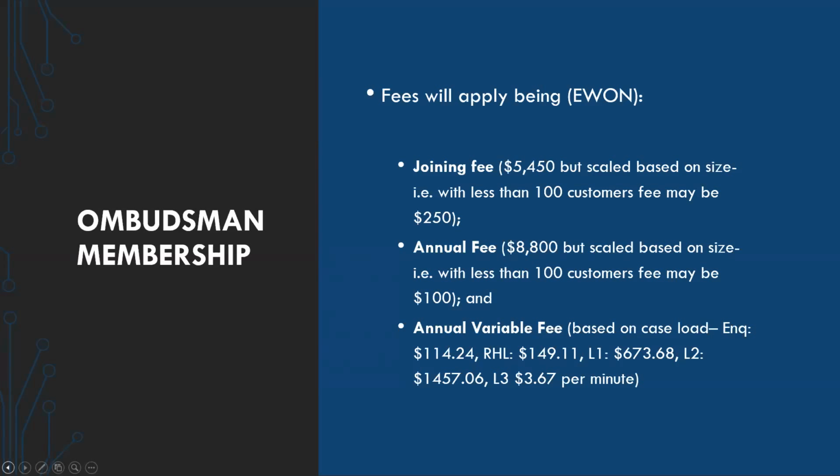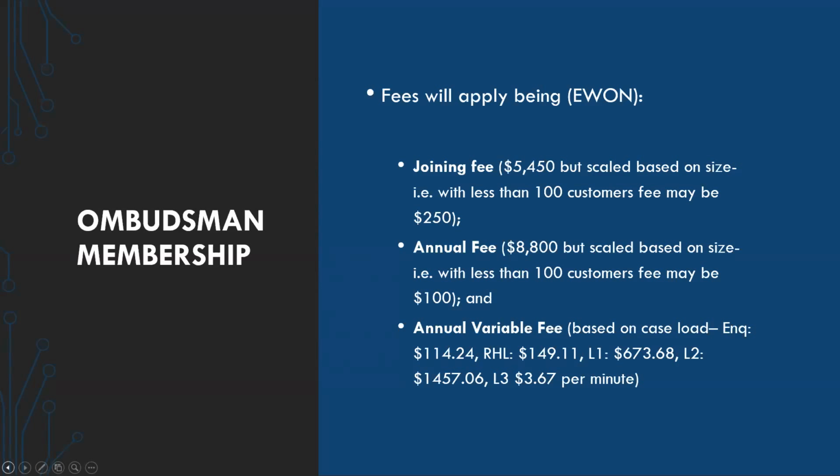The big one, however, is the annual variable fee, which is based on the caseload of the Energy Ombudsman. You can see here that we've got different levels of complaints: an inquiry, and a return to higher level. A return to higher level means that they'll send the complaint back to somebody within the exempt operator or the retailer to try and resolve directly with the customer.